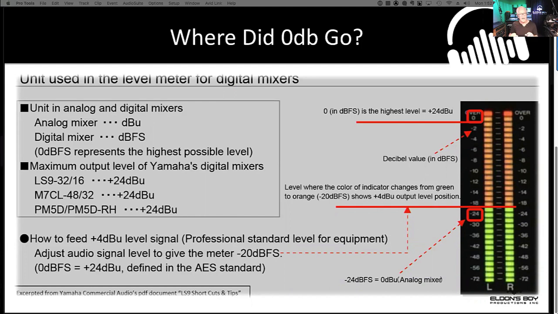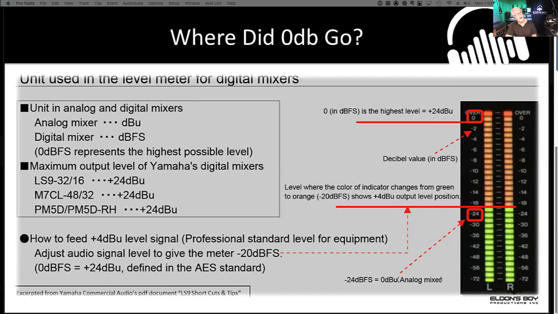I wouldn't say it's across the board, but in our live sound world especially, the vast majority of consoles have -20 as line level to +4. This is right out of the Yamaha manual, and funny enough, I probably had more debate about Yamaha than anything.